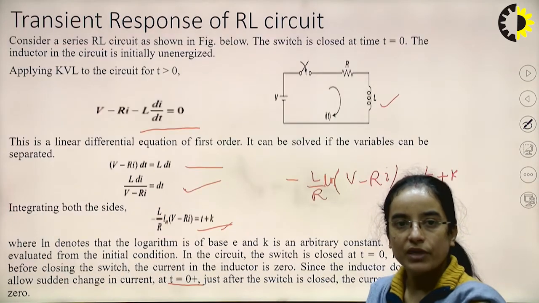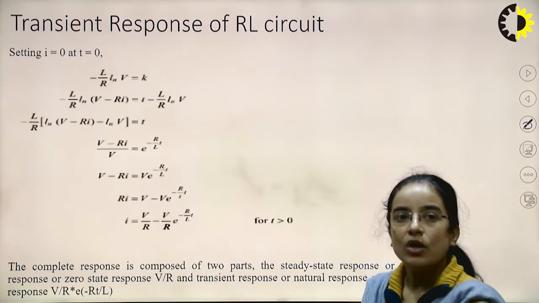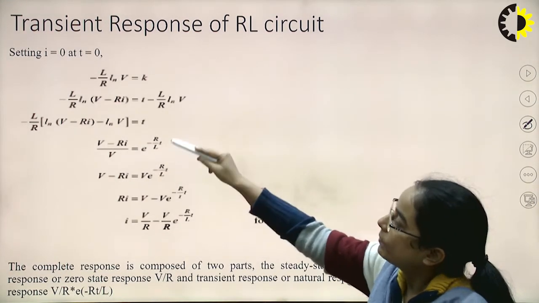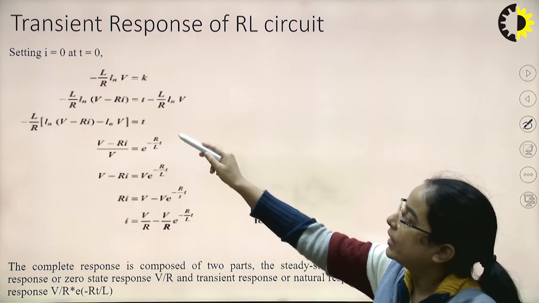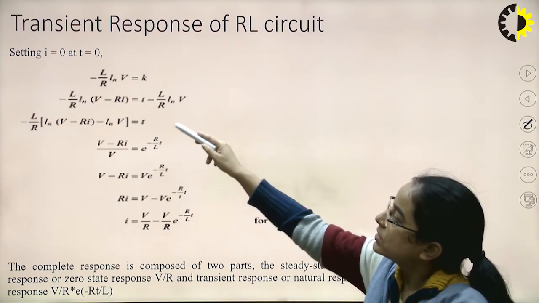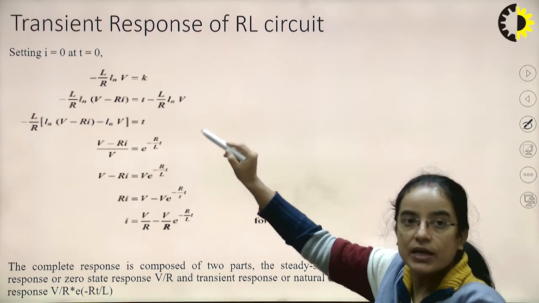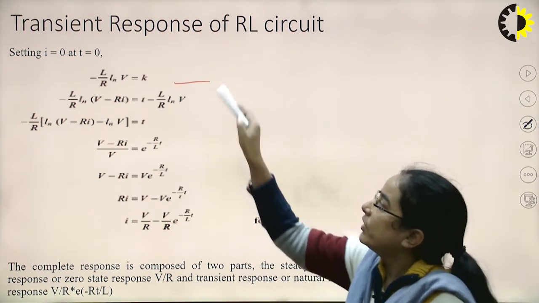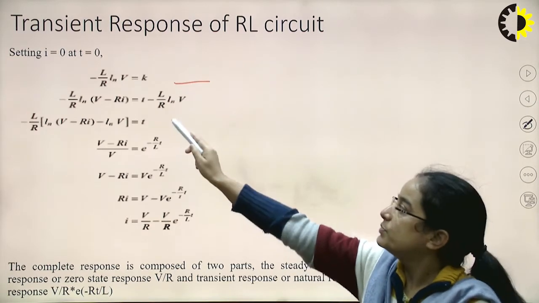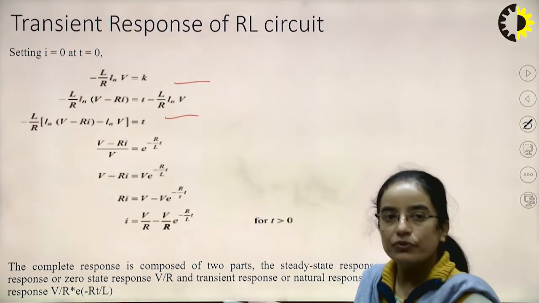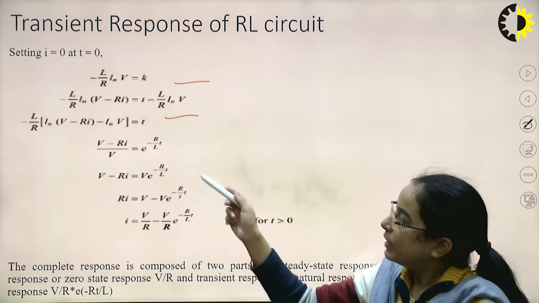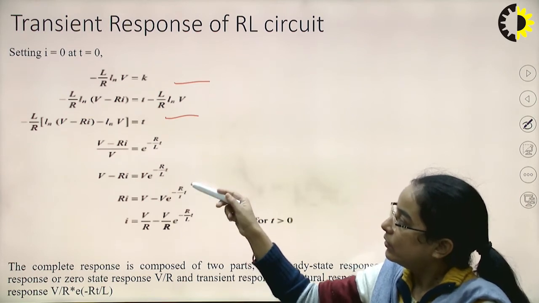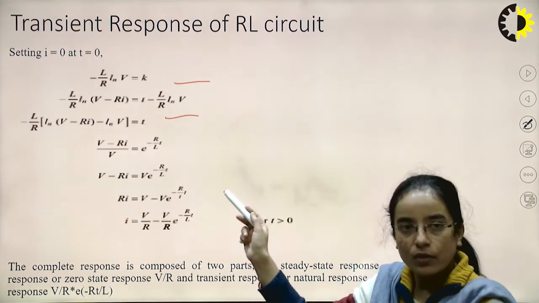So now we have minus L by R ln of V minus Ri equal to t plus k, and the value of k is minus L by R ln V. So we put that: minus L by R times ln of V minus Ri minus ln of V equal to t.